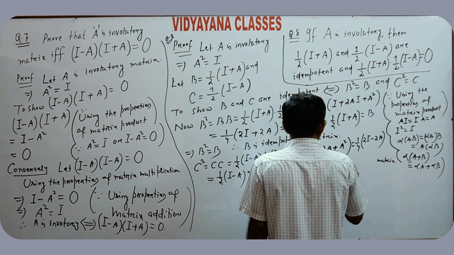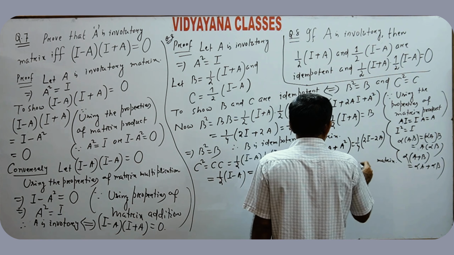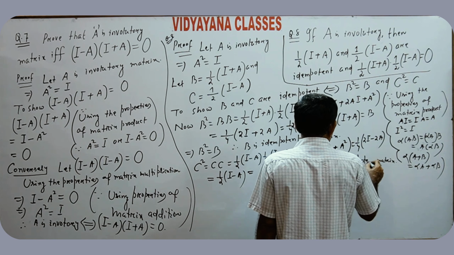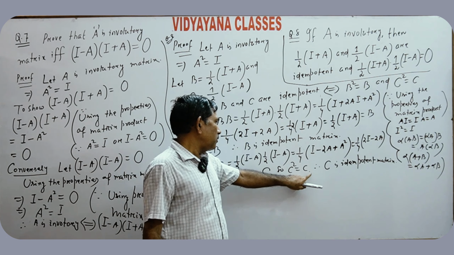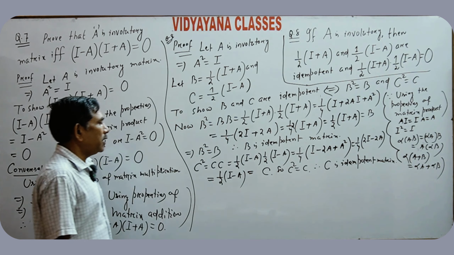Since C square is equal to C, therefore C is idempotent.